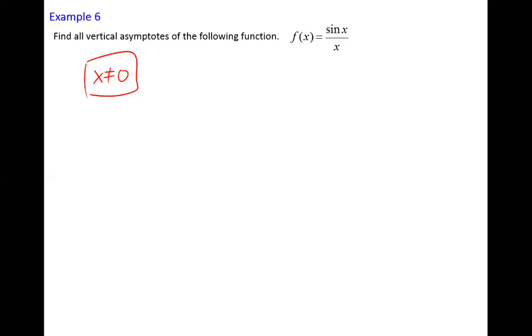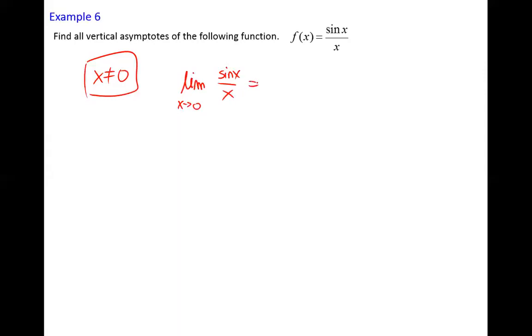But we still have to be really careful because this function is not a typical rational function. It is a ratio, but it's not really the ratio of two polynomials. That means even if that 0 is not in the domain, I will still compute the limit at 0 of this function. That means how this function behaves at 0.